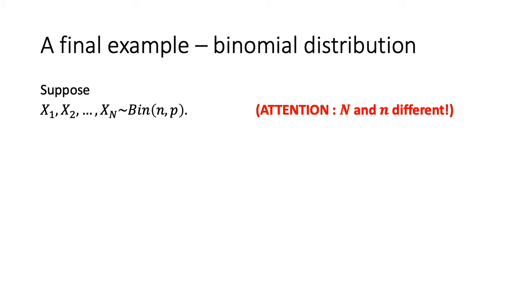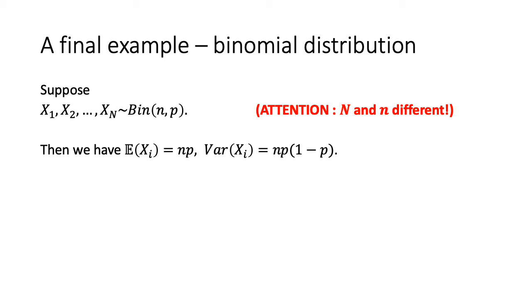Attention, capital N and little n are different. What we're doing here is we're going to toss little n coins and count the number of heads repeatedly. So you'll see when we get onto the numbers that I'm going to do an example where we toss 10 coins repeatedly, and then we do that 100 times. So our capital N is going to be 100.